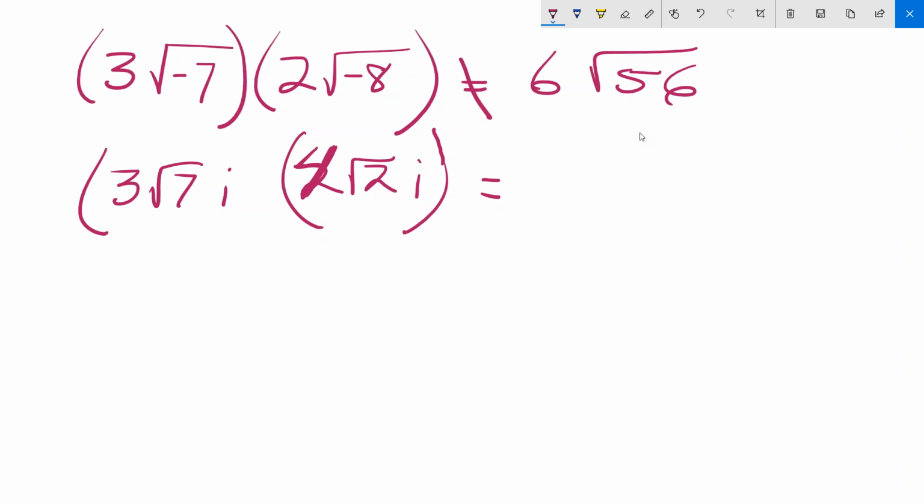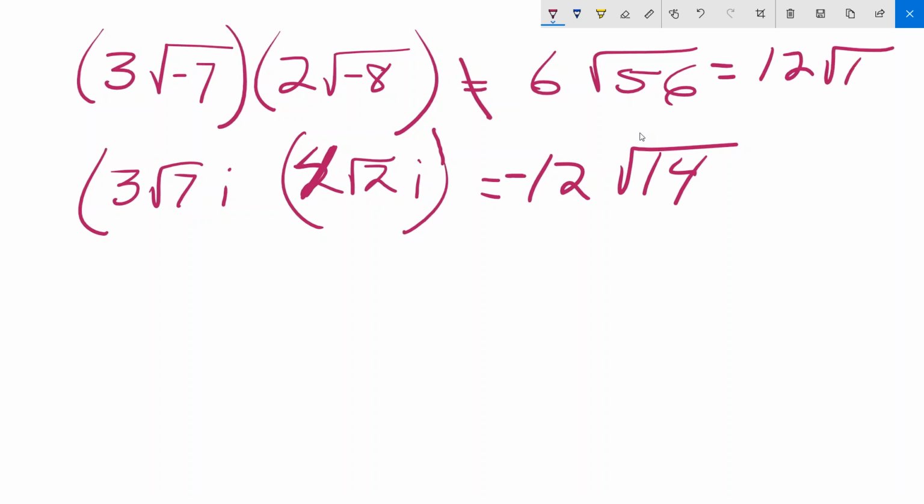I was wondering why we weren't getting the right number. So it'd be 12 root 14i squared, which is -1. So it'd be -12 root 14. Now, what does this become? That would become 12 root 14.